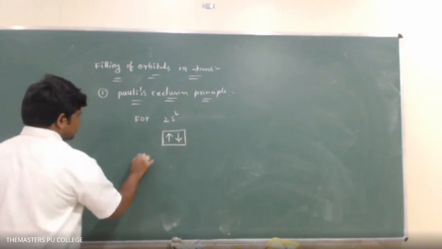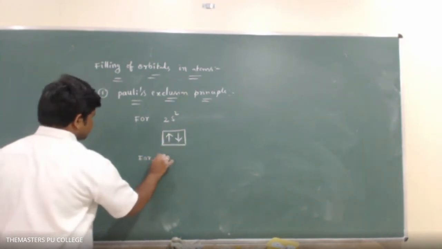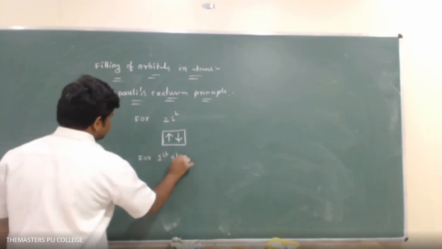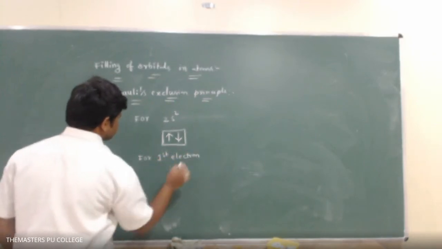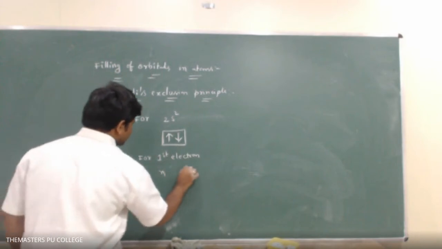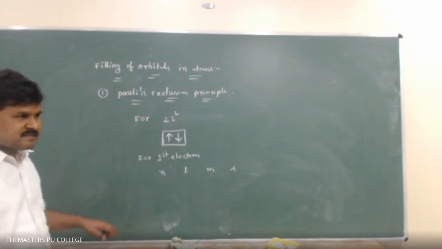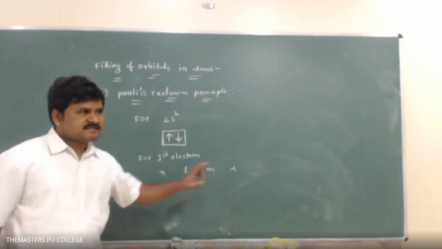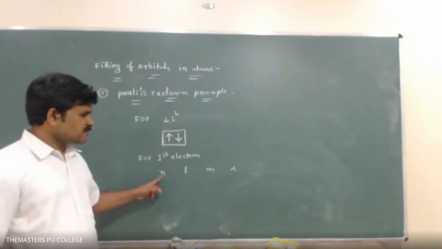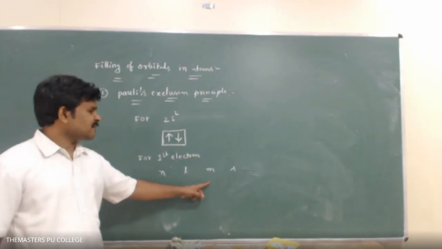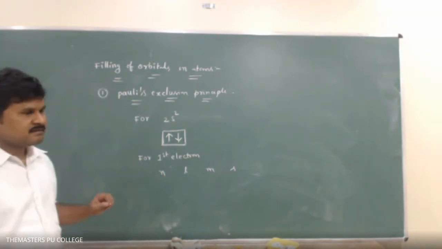Here, for the first electron, the quantum numbers are n, l, m, s: principal quantum number, azimuthal quantum number, magnetic quantum number, spin quantum number.